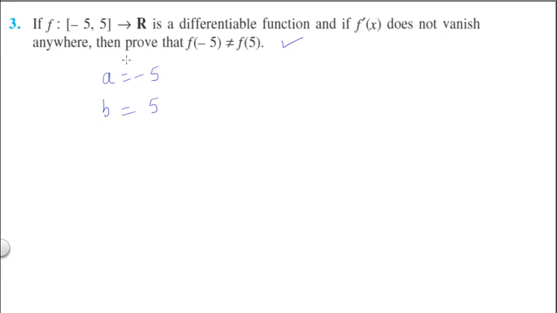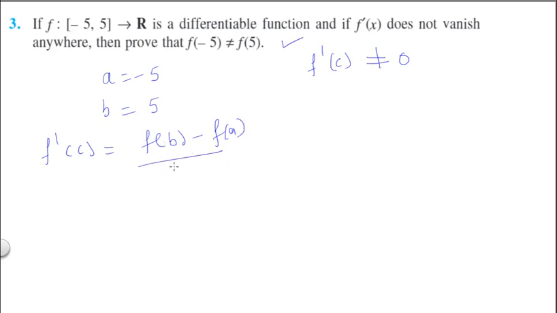f dash x does not vanish anywhere. Then prove that f of minus 5 is not equal to f of 5. Not vanishing anywhere means that it does not become equal to 0. That means f dash c is not equal to 0. What is f dash c equal to? f of b minus f of a divided by b minus a.